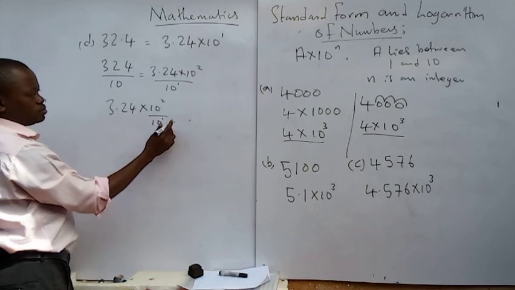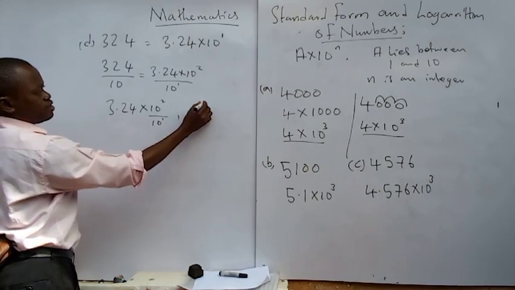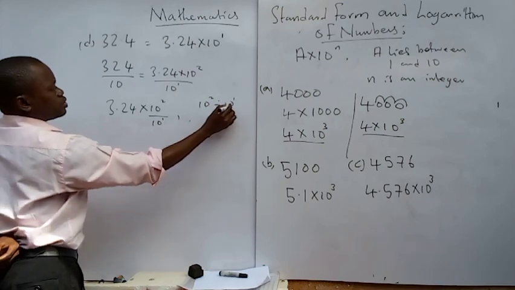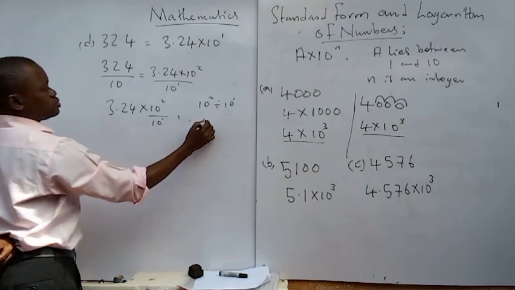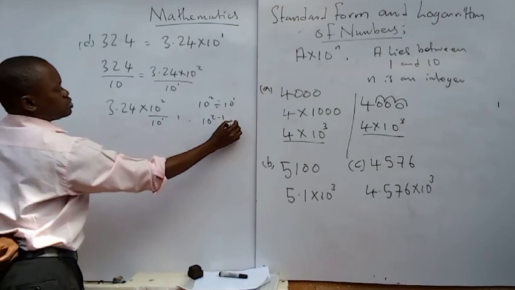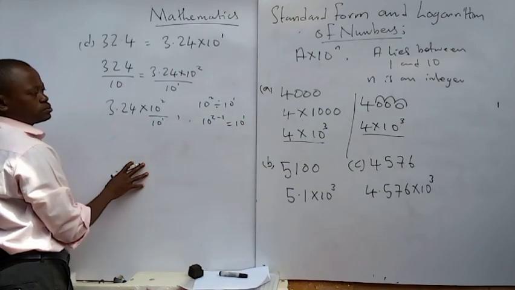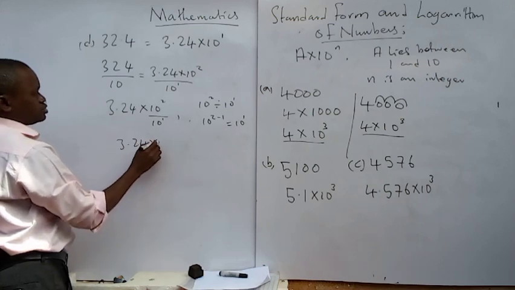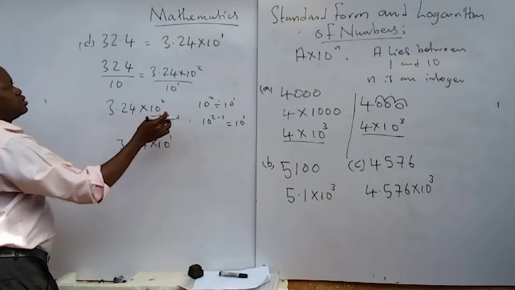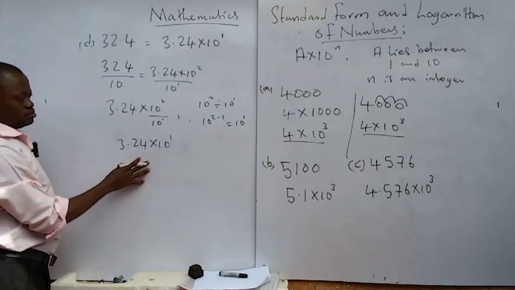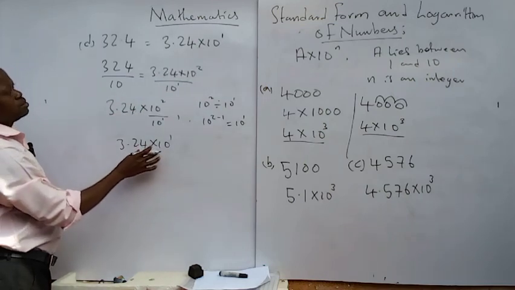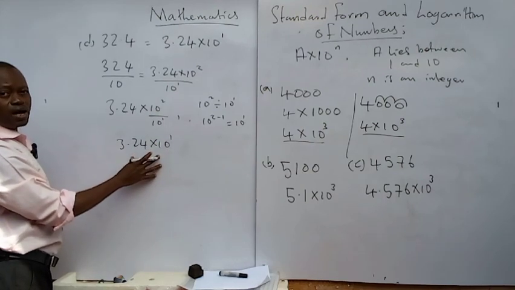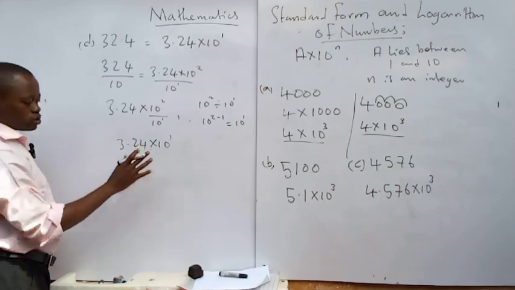So 10 raised to power 2 divided by 10 raised to power 1 is 10 raised to power 2 minus 1, which is 10 raised to power 1. So this is like 3.24 times 10 raised to power 1. Both of them are the same thing. So this is another way of breaking this down. I'm sure that is taken.